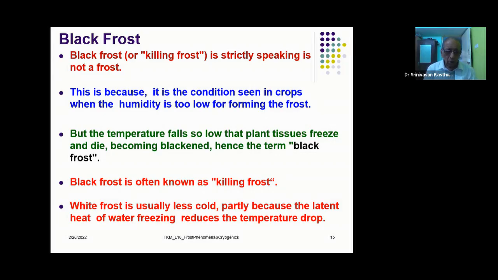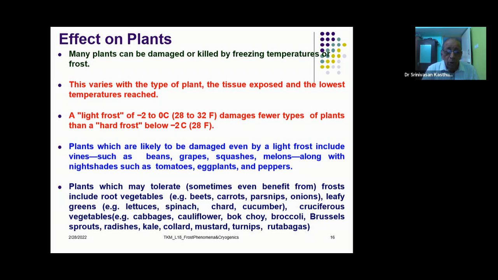Now, white frost is usually less cold, partly because the latent heat released as water vapor freezes reduces the temperature drop, whereas black frost can be sufficiently cold. So how do these frosts affect plants?